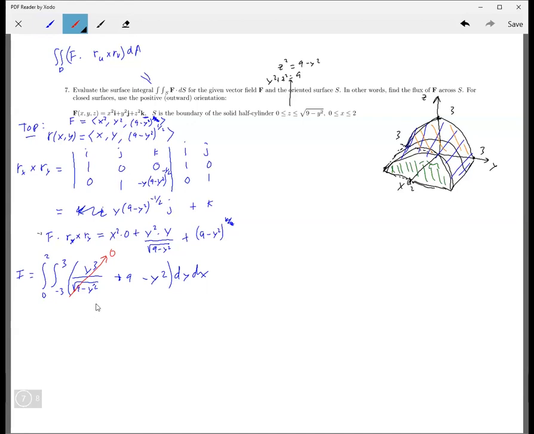Why is that going to be 0 when you integrate? Anybody tell me? It's an odd function.